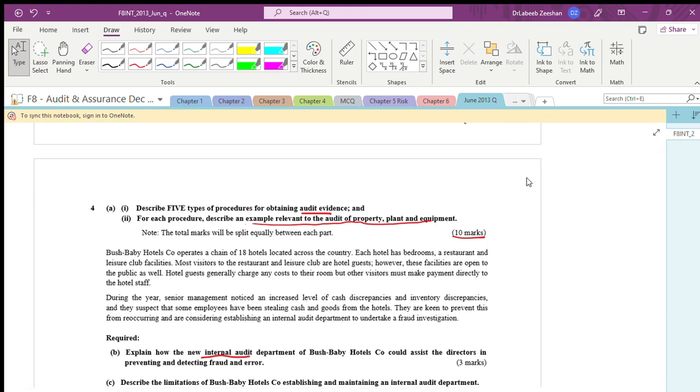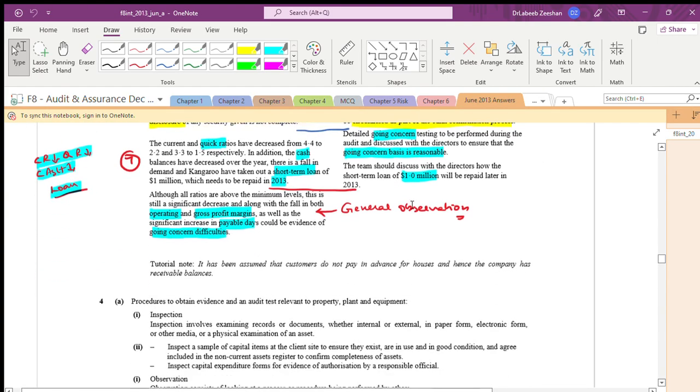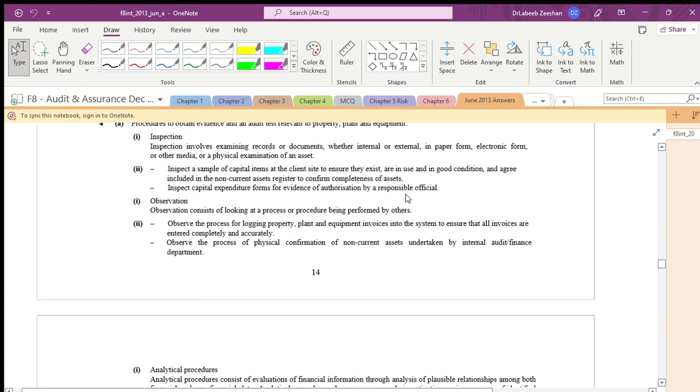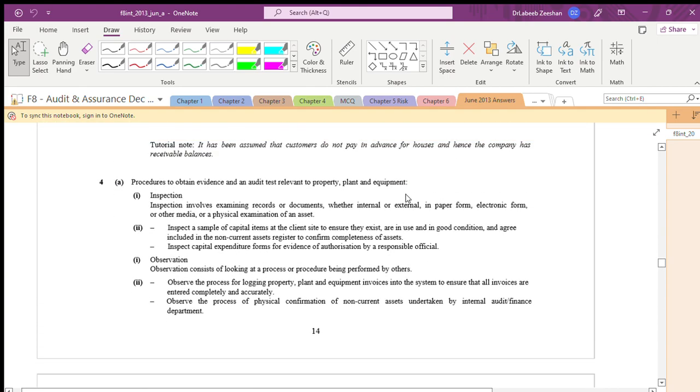Any idea? See the things. What is the procedure to get the audit evidence?